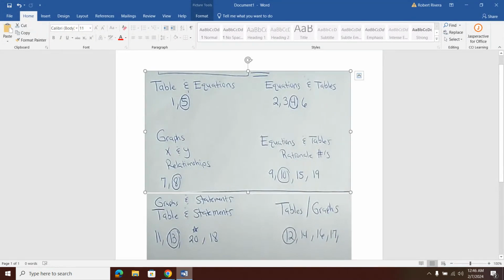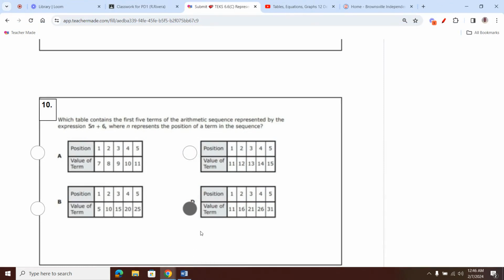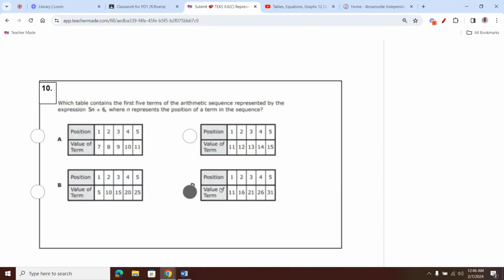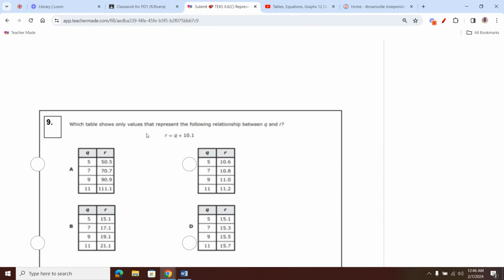The way I did number 10, you will do 9, 15, and 19. Same way. So 9, there's your equation. Please be careful because you are dealing with decimals. Okay? You are dealing with decimals. Let me do one only, just so you can see. One choice. So we have R equals Q plus 10.1. It was given here.